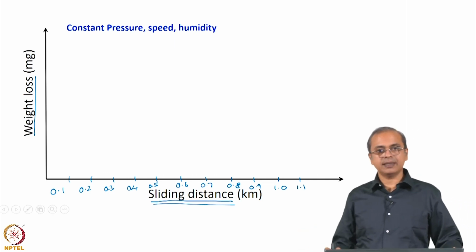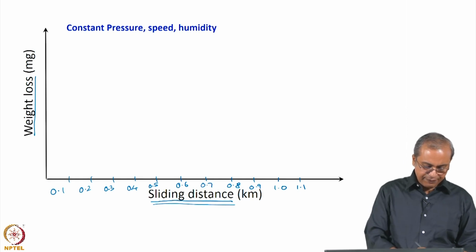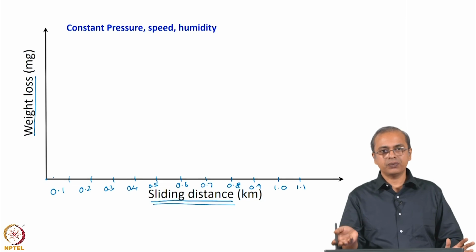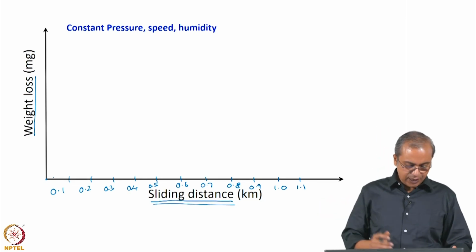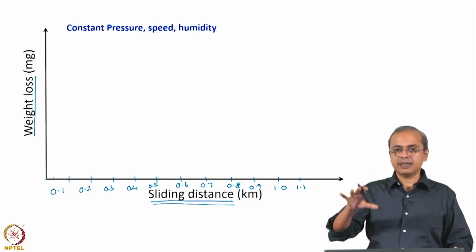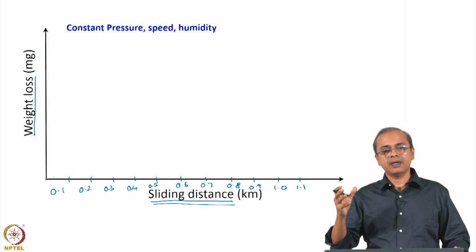So, this is the distance that has travelled. When you start off, obviously there is no weight loss; whatever weight you measure of the sample is your starting weight. At every 100 meters that the sample has travelled on the pin on disk test, you halt the test, take out the pin and then weigh the pin.